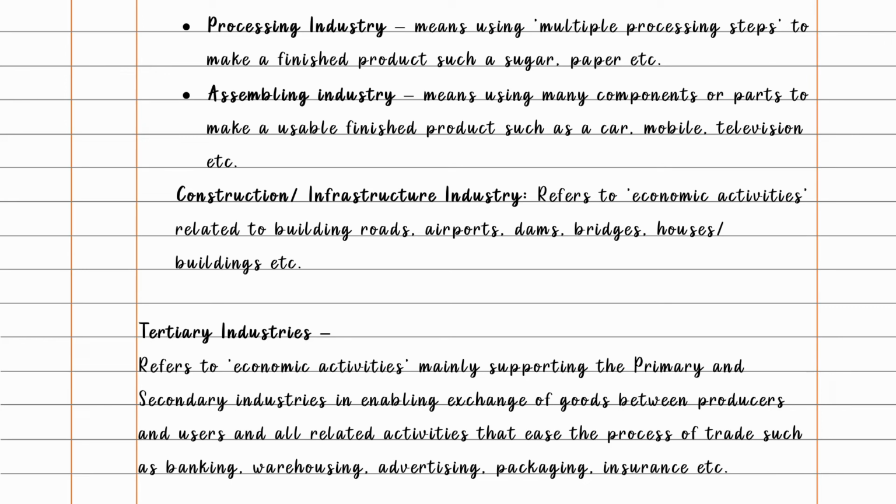So just imagine if there were no warehouses, then how would a business like Amazon or Swiggy flourish, for that matter, or Zepto? So they have to store their products somewhere. So that's warehousing. So these are kind of services which are being provided. So that's what you call tertiary industry.